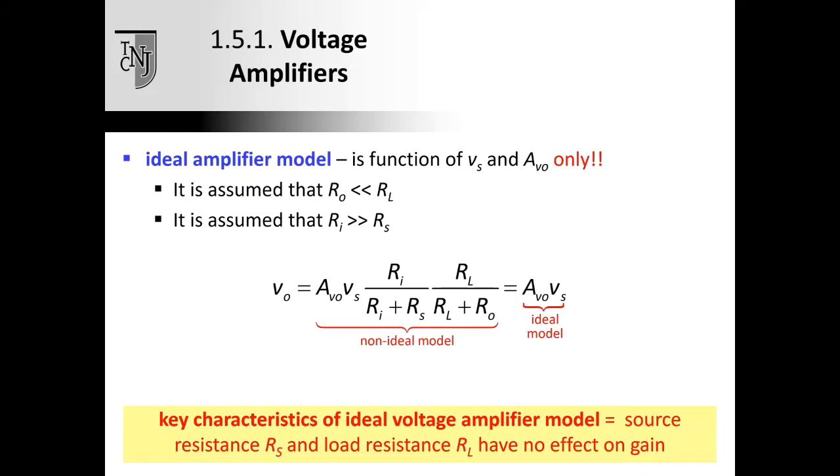What we see is that ideally we want our Ri to be much bigger than our Rs, because this will simplify down to 1. The rule of thumb that I'm going to use is two orders of magnitude larger, meaning that if our Ri is 1,000 ohms, we better have an Rs that is less than 10 ohms, 100 times smaller than that.